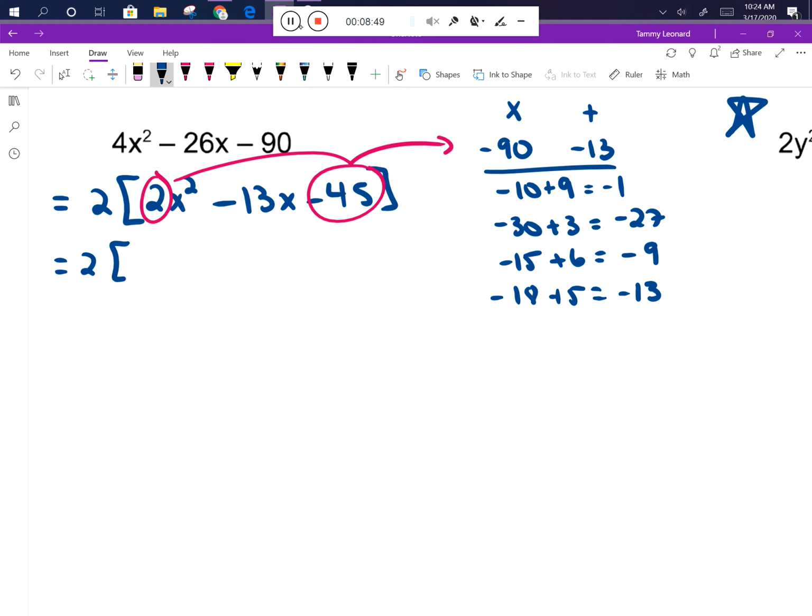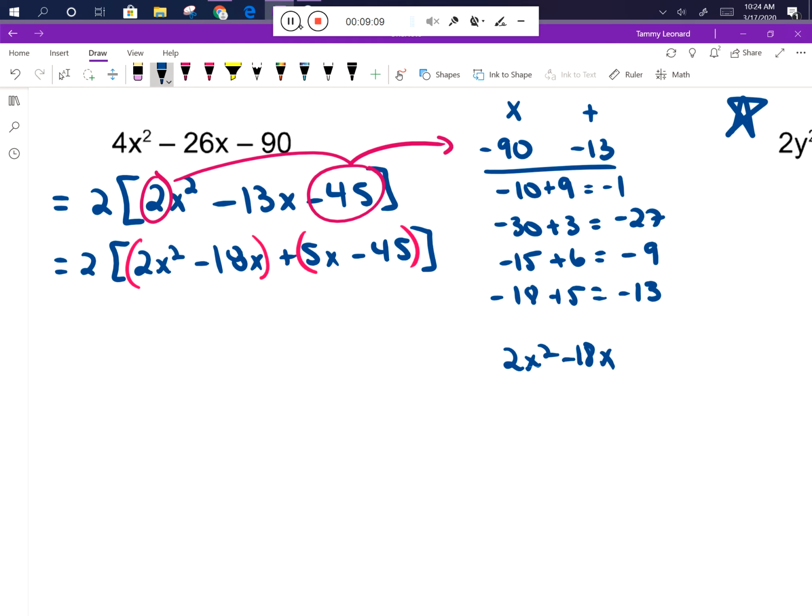I have 2 outside the brackets, a 2x squared inside, and I'm splitting negative 13x into negative 18x and positive 5x, and then keeping the negative 45. All right, let's make that a sum of two binomials and look for GCFs. So we have 2x squared and negative 18x. And that leaves us with a 2x as their GCF, which needs to be multiplied by x and negative 9 respectively.